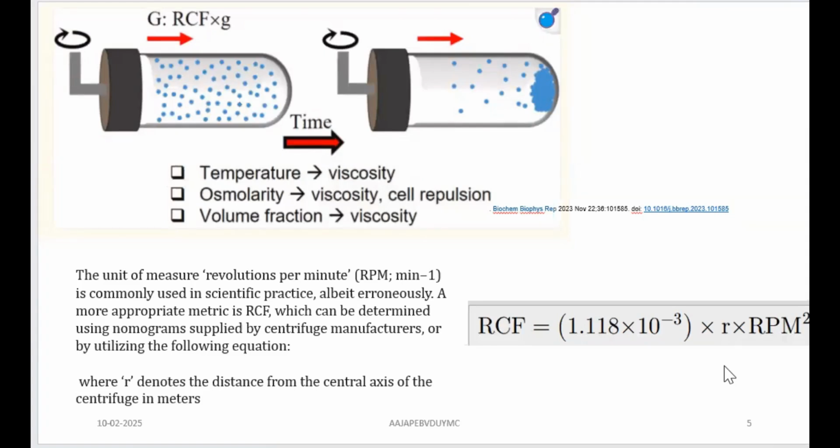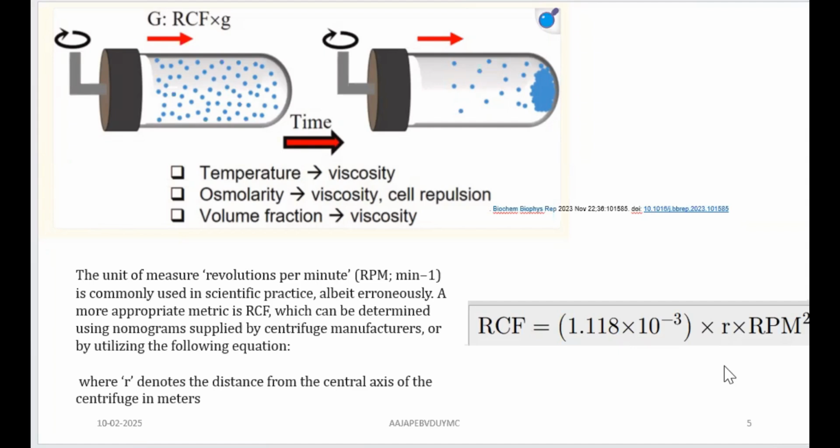So if I tell you, just take your pen and paper. If I have centrifuges, right, and they are running at 12,000 RPM. Now, as I said earlier, one has radius 4.8 and another has radius 8.4.